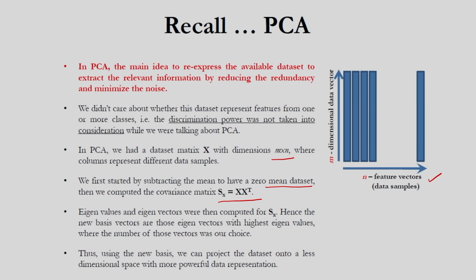So, you can see I can determine the eigenvalues and the eigenvectors from the covariance matrix, and from this I can determine the transformation matrix, that is the basis vectors I will be getting, and I can consider the highest eigenvalues and the corresponding eigenvectors.